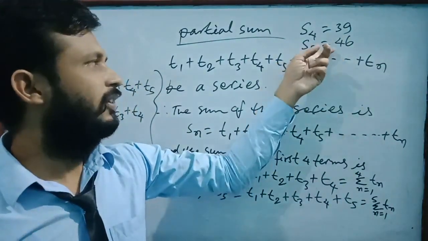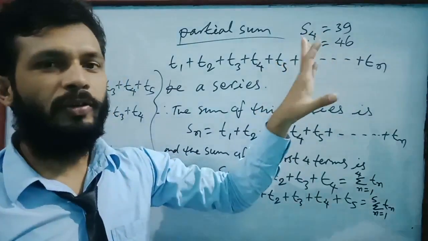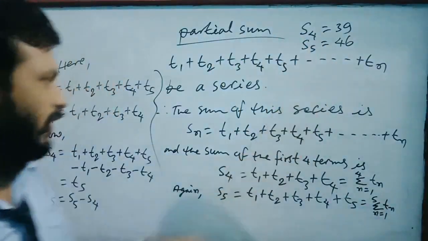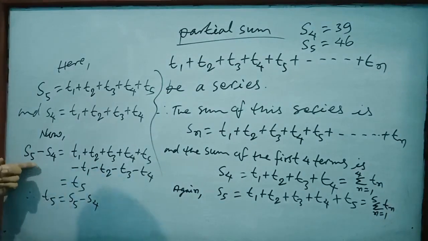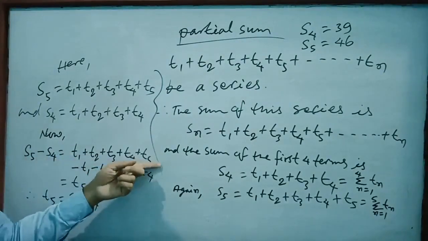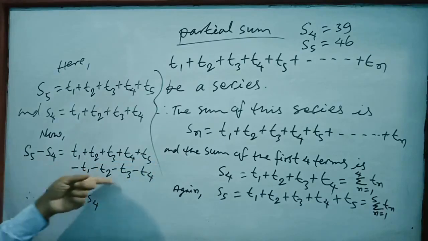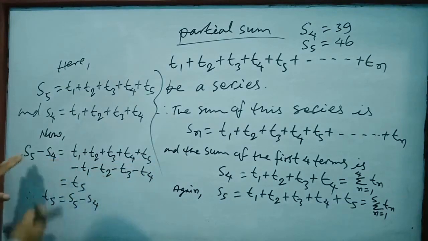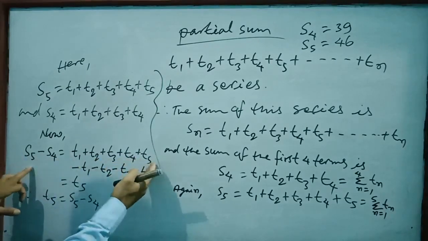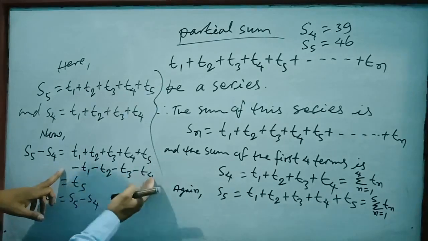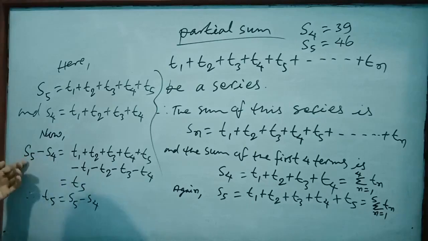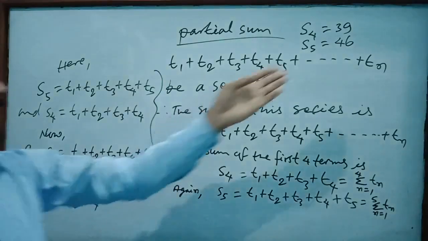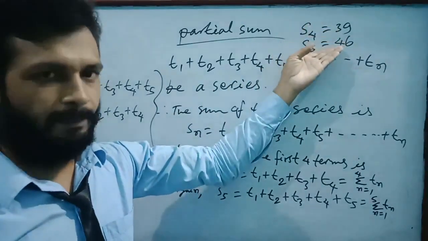Then we can write the value of T5 or 5th term in this way. Okay, here the sum of S5 this month and sum of S4 this month. The sum of S5 goes up to T5, the sum of S4 goes up to T4. So after subtracting S4 from S5 we get T5. So if S4 is subtracted from S5, T5 comes.